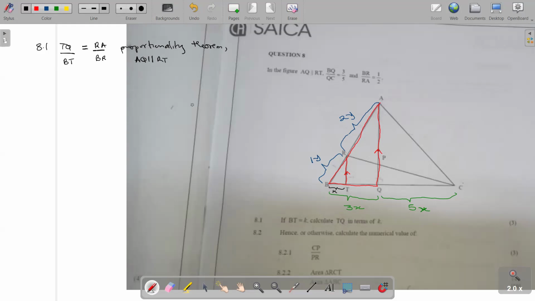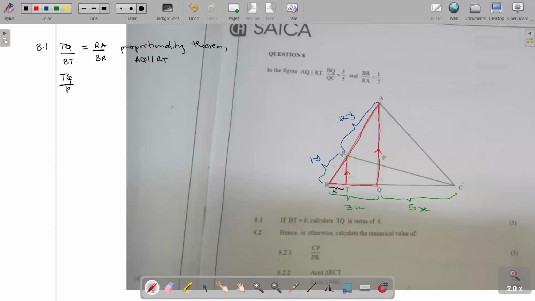But initially we are given the ratio BR as to RA. So if we want RA as to BR, we just invert this one. It's 2 over 1. So TQ, the one that we want to calculate, must be over BT.